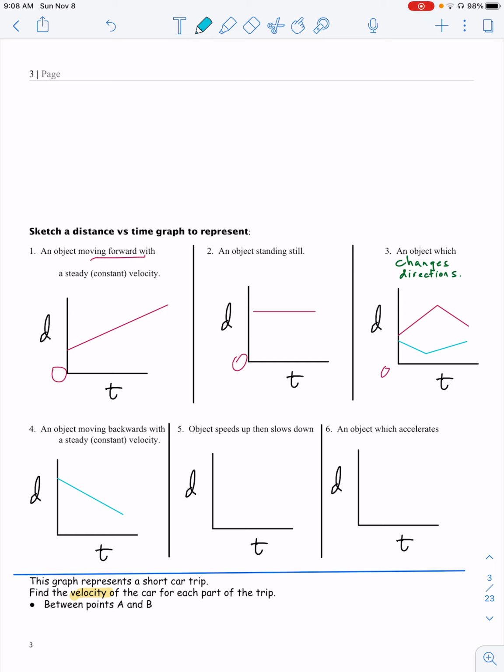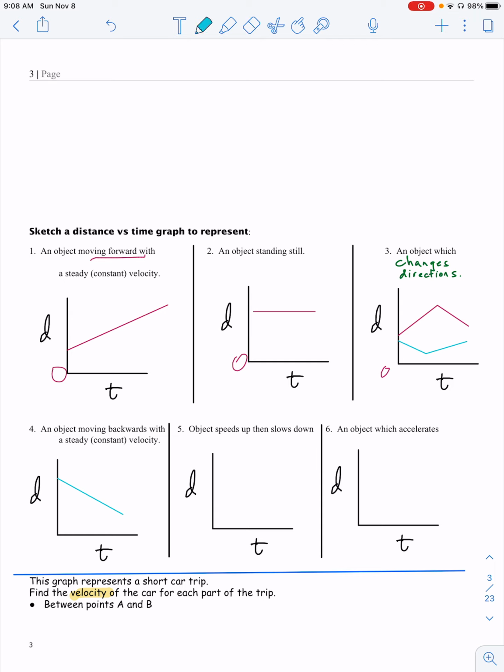Object speeds up, then slows down. Okay, so we got the magic pencil going up like this. It has to be a curve, it's speeding up. Then it slows down. So the magic pencil flattens out. So it looks like an S. Let me do that again.